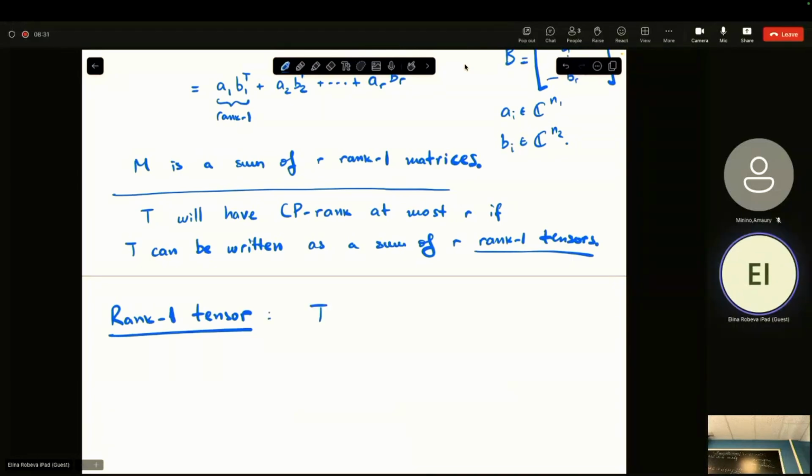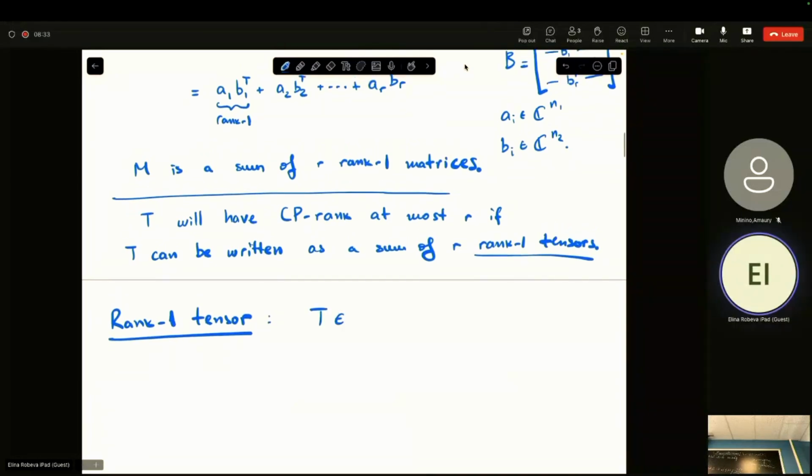Okay, so T, and here C and R don't really matter. It can be either C or R. T has rank 1 if T can be written as the following outer product.